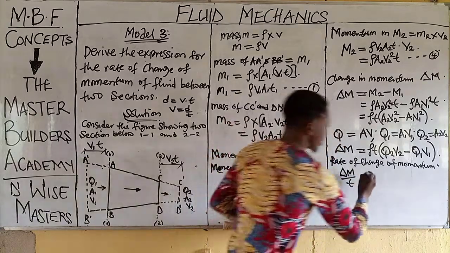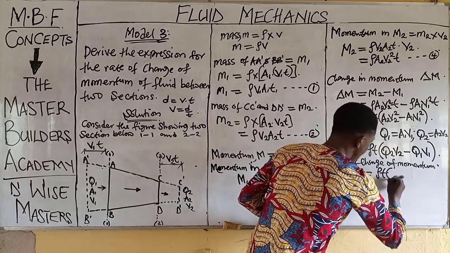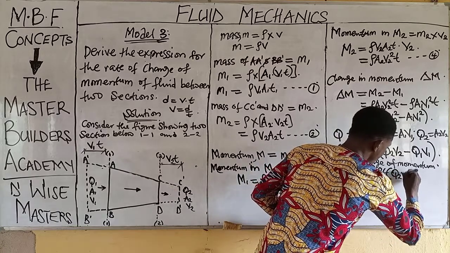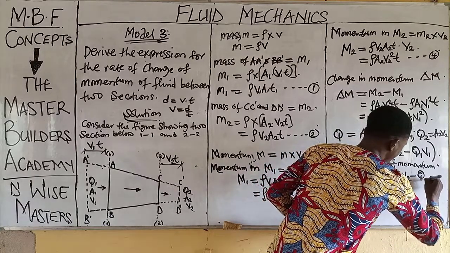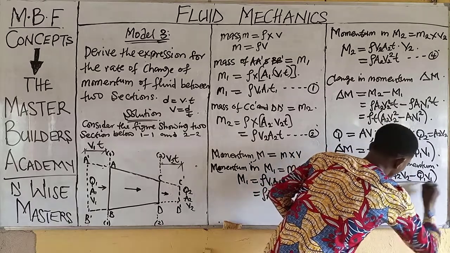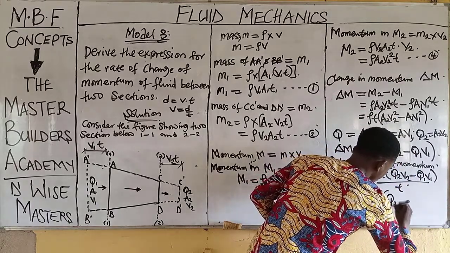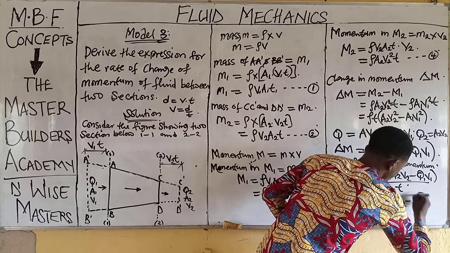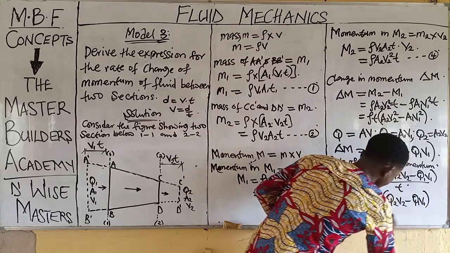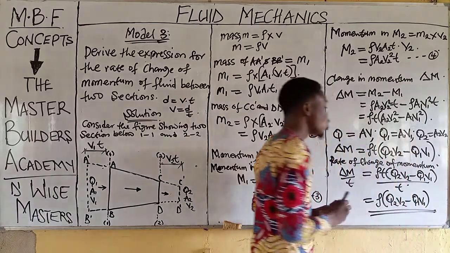That's what it means. Therefore, we have rho t into Q2 V2 minus Q1 V1 all over t. And when I divide this guy, I have rho into Q2 V2 minus Q1 V1. This is the answer to this question.